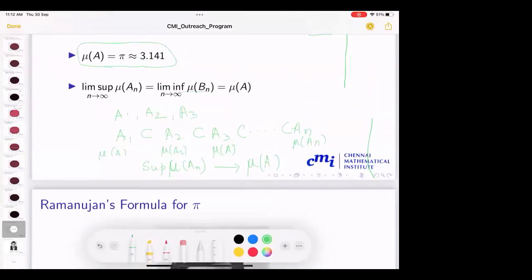So when I'm looking for Bn, the areas which are going from outside and coming, shrinking to the circle, what am I doing?